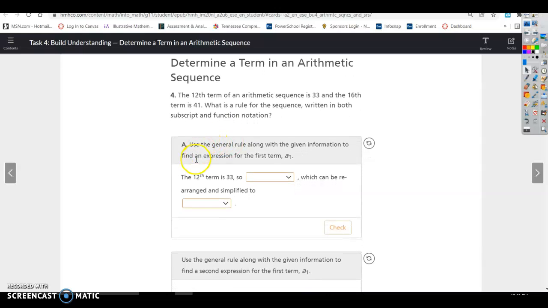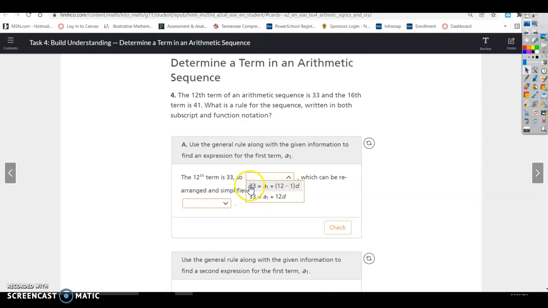All right, so let's see where to start. Use the general rule along with the given information to find the expression for the first term, a sub 1. If the 12th term is 33, we can write 33 equals a sub 1 plus 12 minus 1 times d.